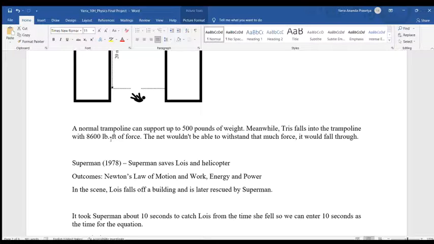Now, I don't know how strong that net is, but it's probably just some makeshift trampoline net, right? And yeah, that net wouldn't be able to withstand that much force. She'd just fall through the net and hit the ground underneath. So I'm just gonna say that I rate this scene an RP. It's pretty wretched physics.